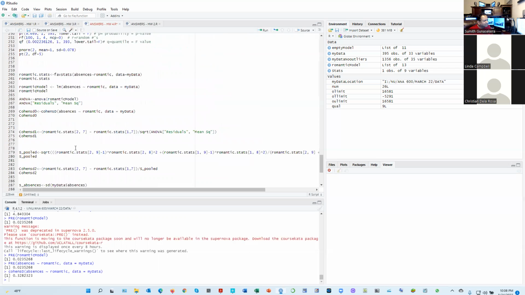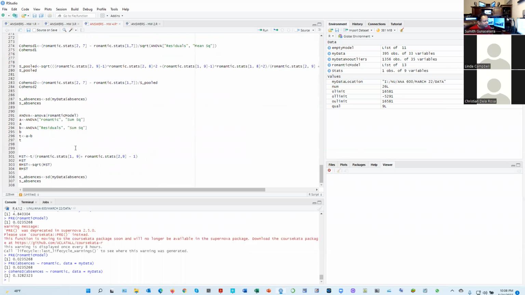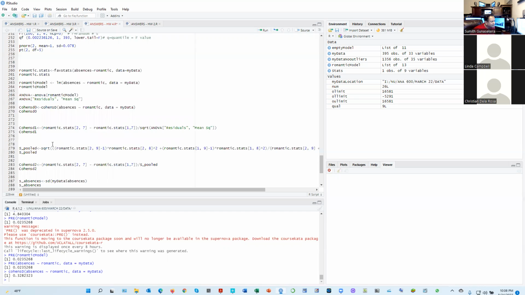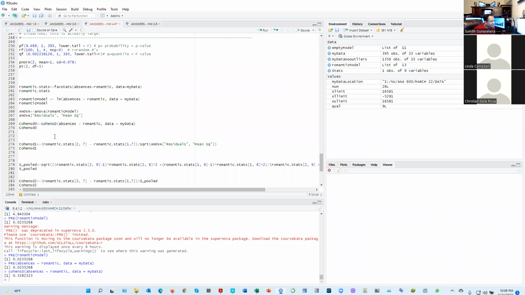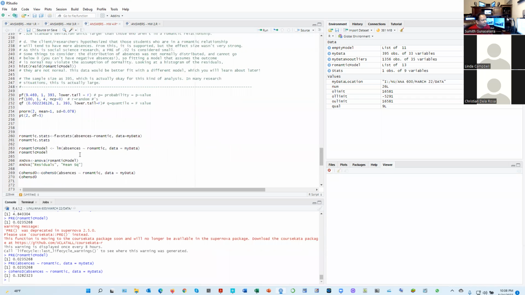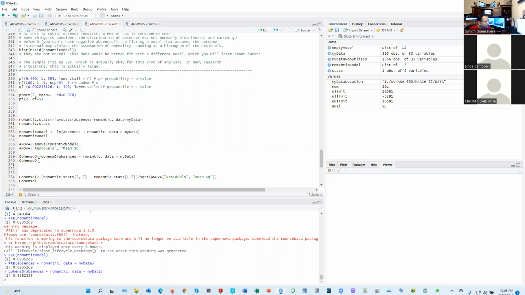Let's see, where is this one? Cohen's D. We have Cohen's D. Favorite statistics, romantic statistics, then the ANOVA table, Cohen's D. We got that one from here.